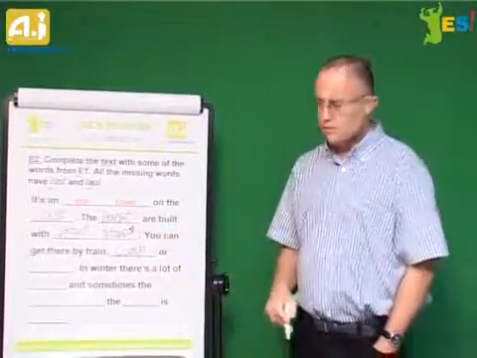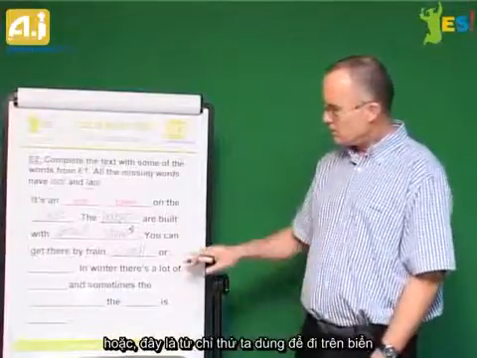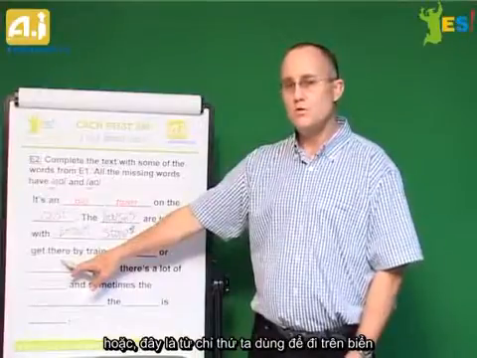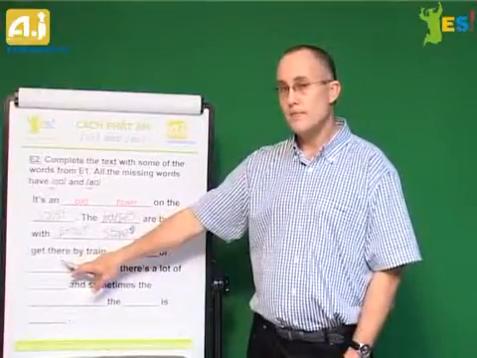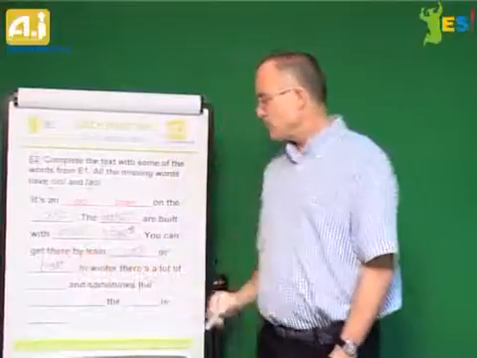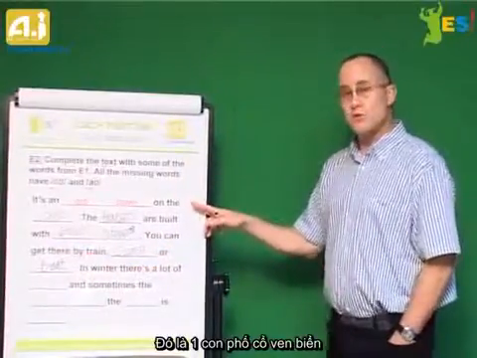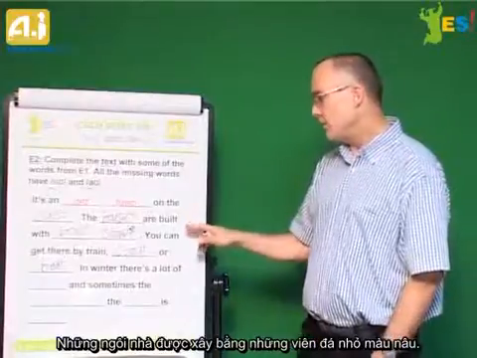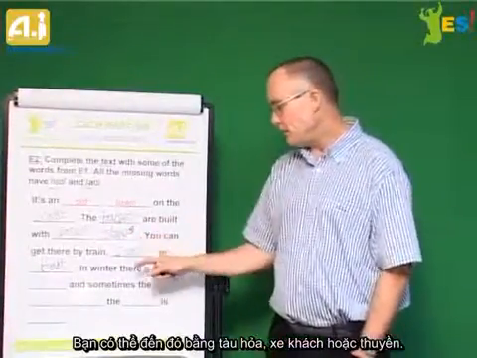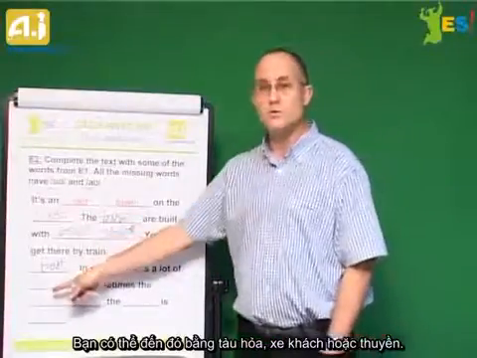Coach, or this is something we use to travel on the water. Yeah, good. Boat. It's an old town on the coast. The houses are built with brown stone. You can get there by train, coach, or boat.